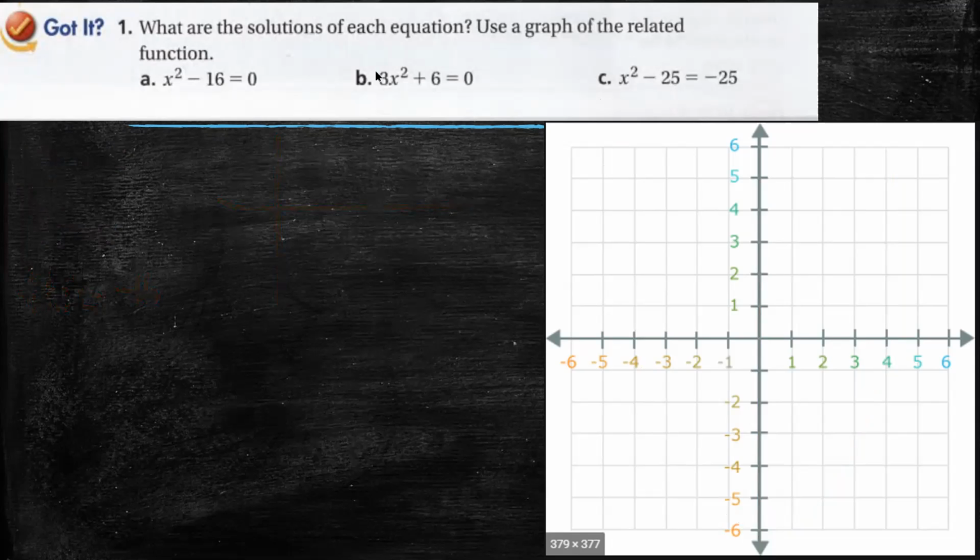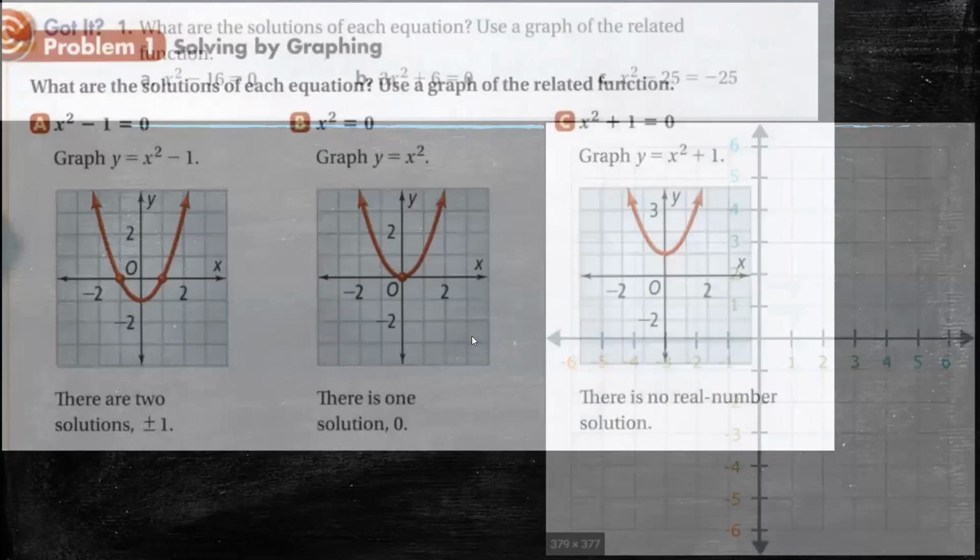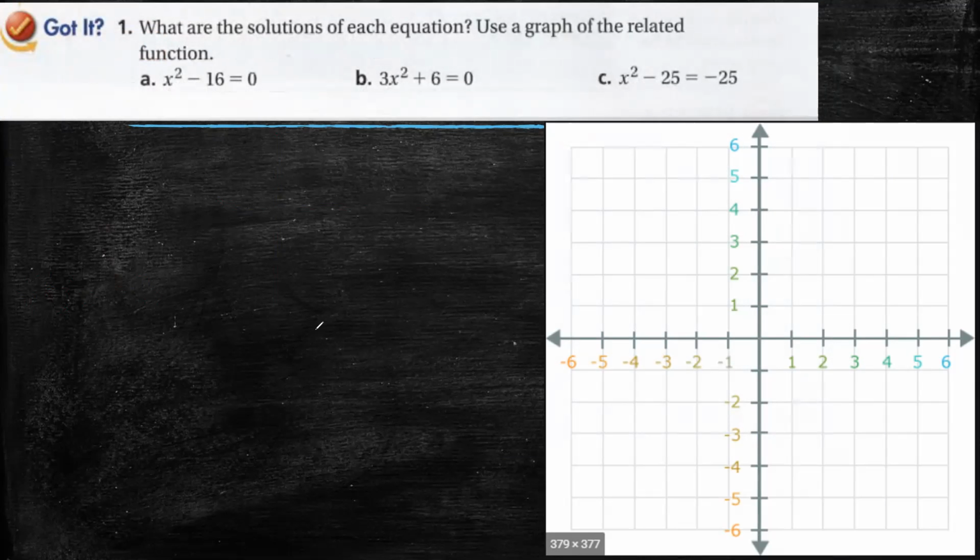Now at point B. Check, I got the solutions at negative 6 and 6. No, it's wrong.